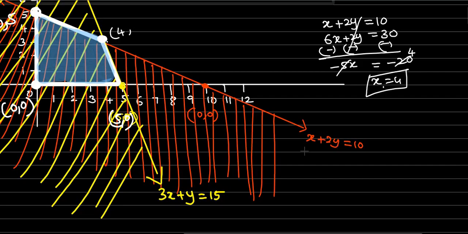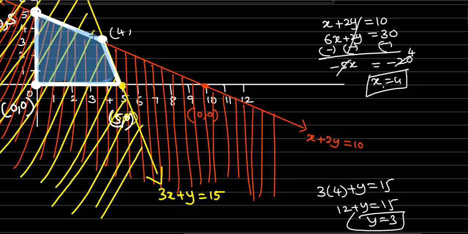Now let's substitute the x value in any one of these equations to get the y value. Let me substitute here: 3 times 4 plus y equal to 15. Then 12 plus y equal to 15, so y equal to 15 minus 12, which is 3. So the y value is 3.